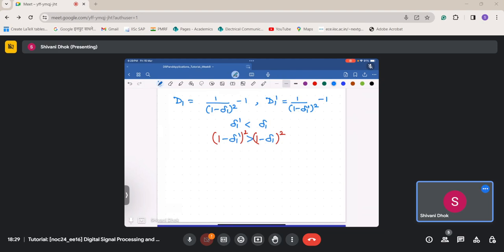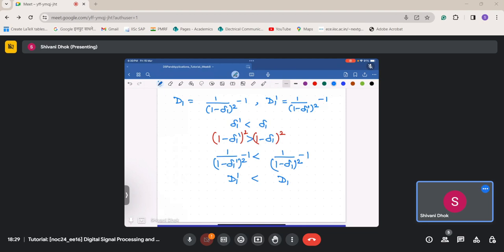Then I can take a reciprocal, so 1 upon (1 minus delta 1 prime) square will be less than 1 upon (1 minus delta 1) square, and now if I subtract 1 from both sides, nothing will change. If you observe carefully, this thing here is d1 prime and this thing here is d1.